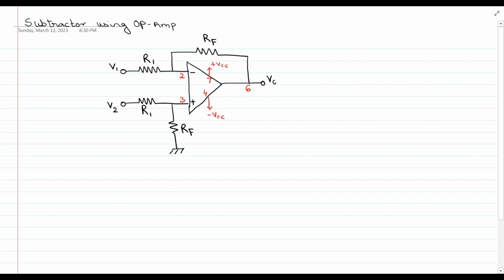The expected output of this circuit is K times the difference between input signals V2 minus V1. So the first step will be to do the analysis and come to this output equation. To do the analysis, we will be using superposition theorem.